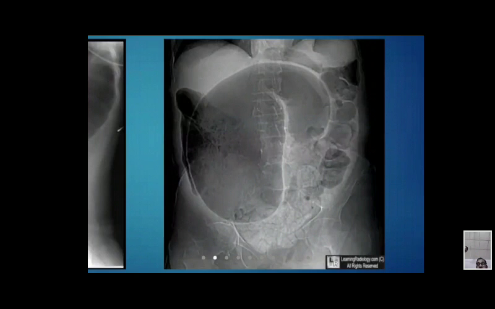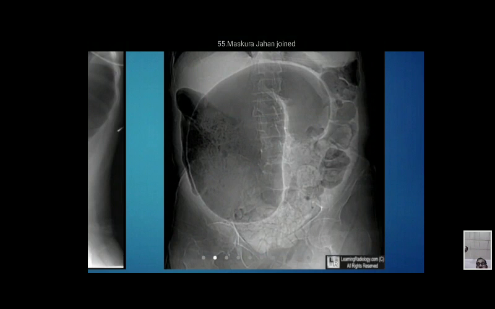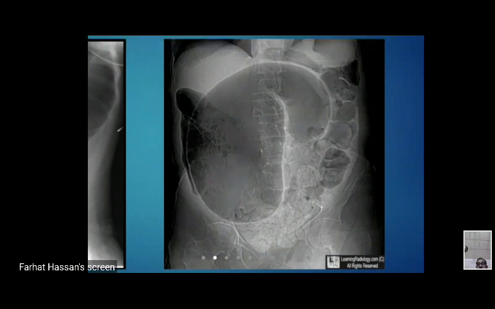So these are examples. What is the difference between primary and secondary volvulus? Secondary volvulus develops due to rotation of bowel around an acquired adhesion or bowel stoma.